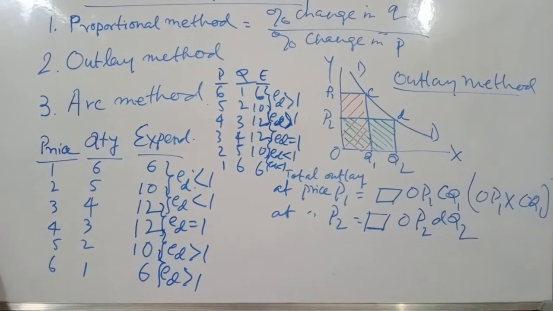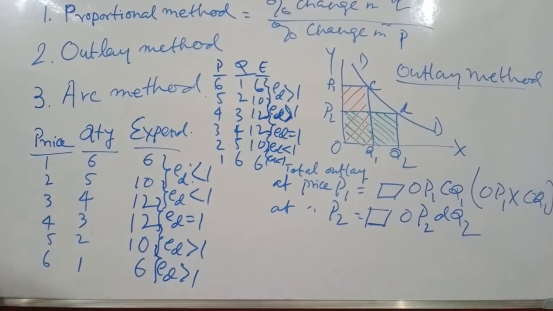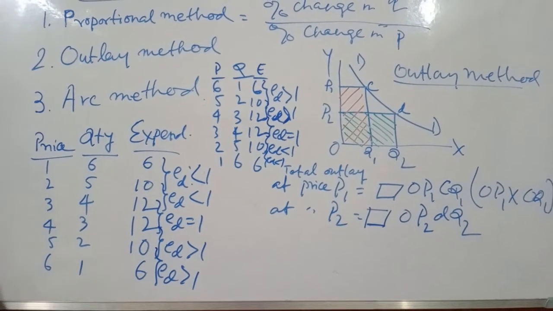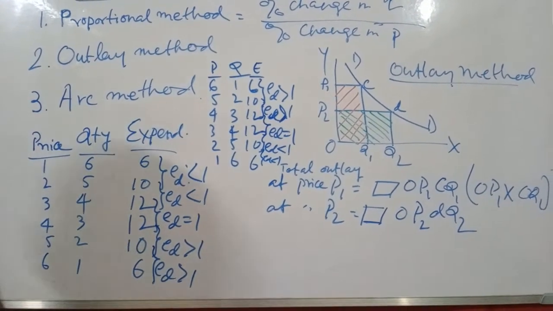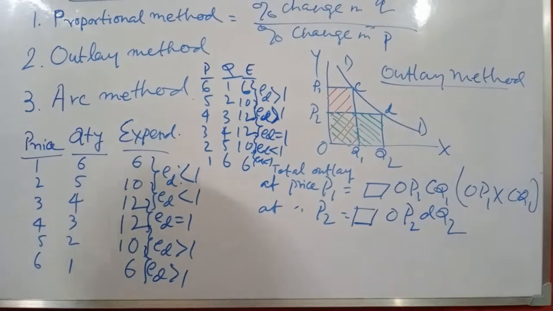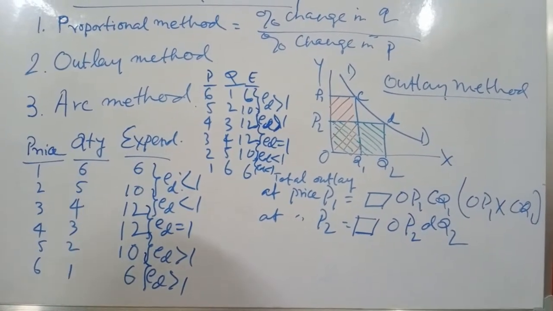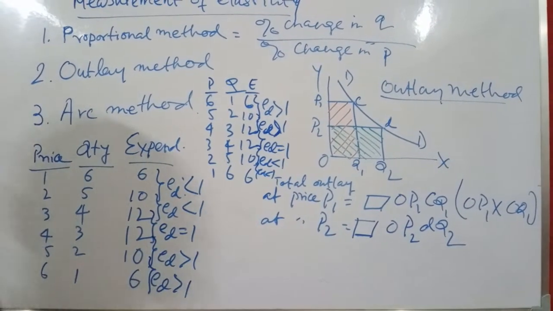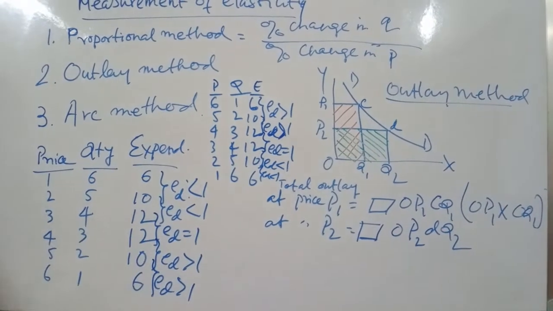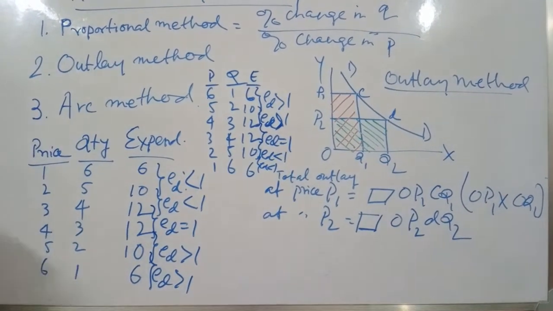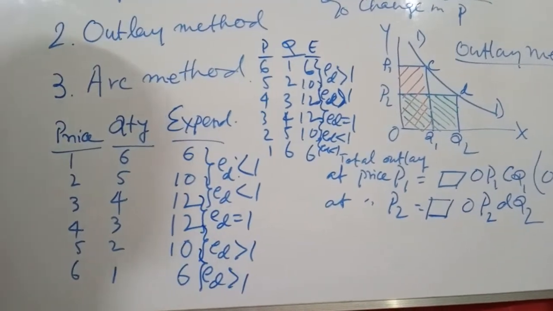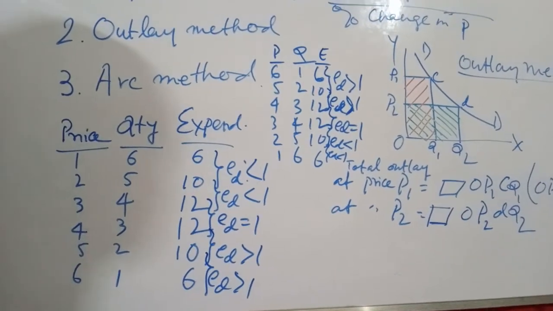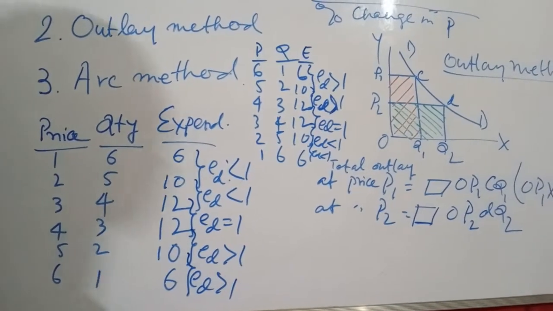So outlay method gives us an estimation about the elasticity of demand. Now if we draw expenditure and price in one diagram, then we will see such a diagram.